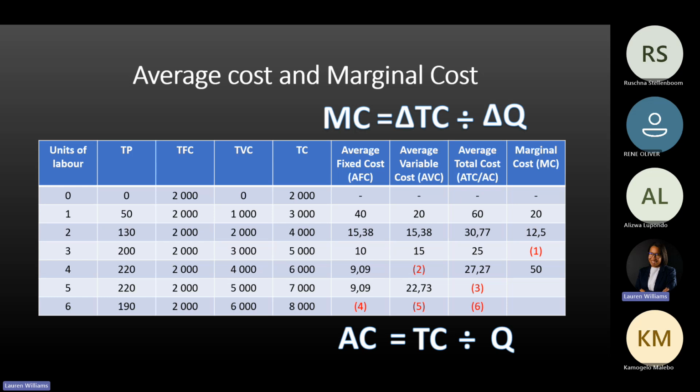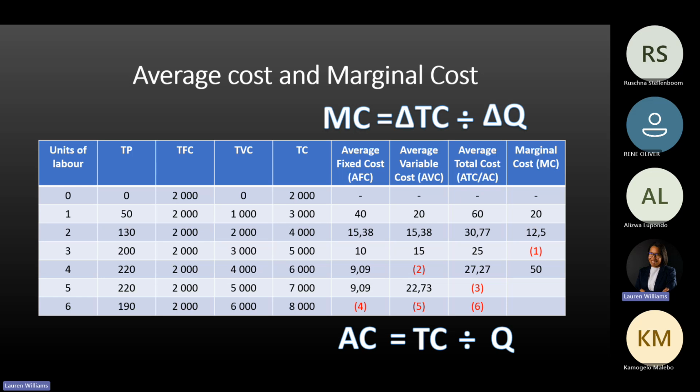Your average variable cost becomes your total variable cost divided by quantity, and then your total cost can either be your average fixed cost plus your average variable cost, which will give you your average total cost, or the easiest way is to look at your total costs divided by quantity. And this is how you then have to calculate the missing variable.